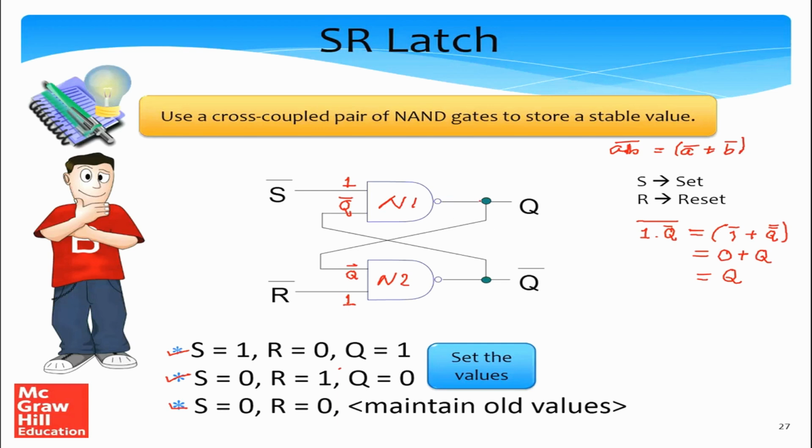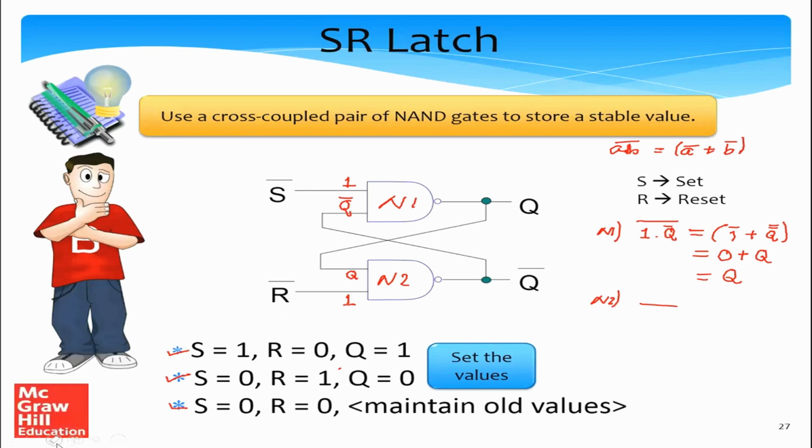And similarly, what I can do over here is, so this is for N1. For the case of N2, what I can do is something very similar. Oops, sorry. So this value here is supposed to be Q, and for some reason it's Q bar, which is not correct.